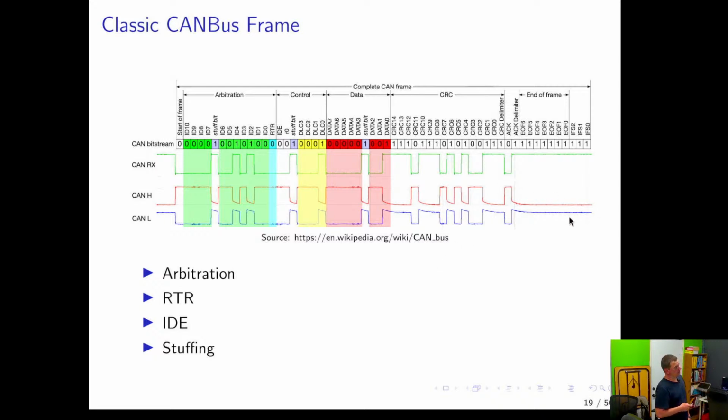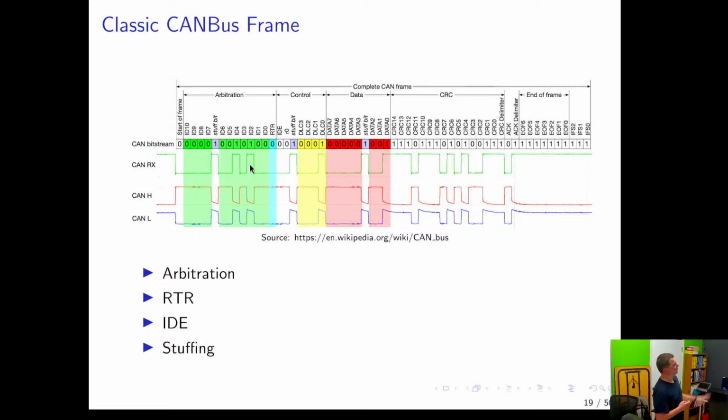Normally the bus is idle like this, and when it goes up, which is actually a 0, there's some technical reason for this, I guess, this is a dominant 0, and it's the start of frame. After the start of frame, you have either an 11-bit ID field or 29 for extended CAN.